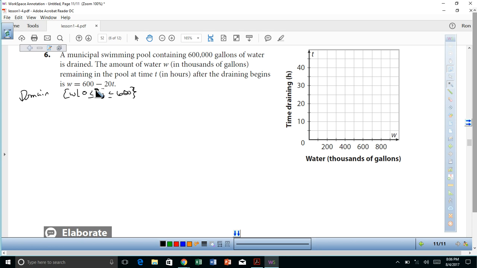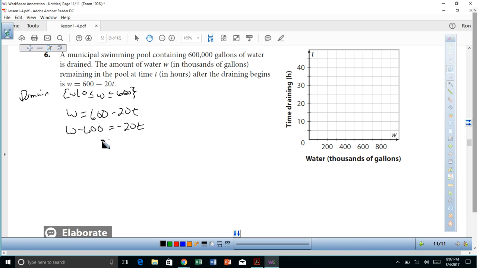Next, we want to solve the given equation for t to find the inverse function. So we have W equals 600 minus 20t. So we're going to subtract 600 from both sides. So we got W minus 600 equals negative 20t.